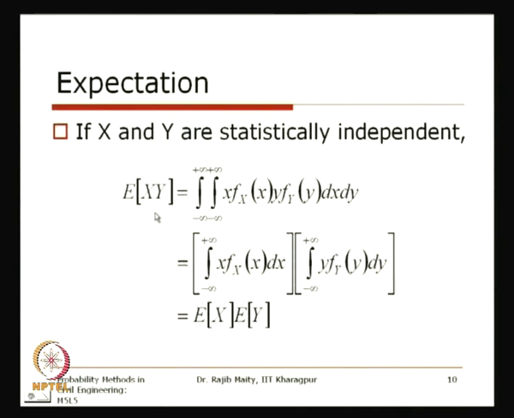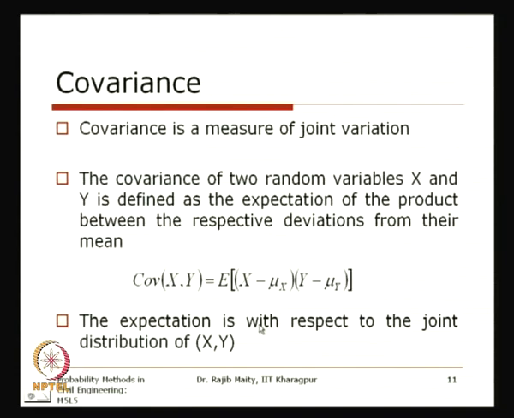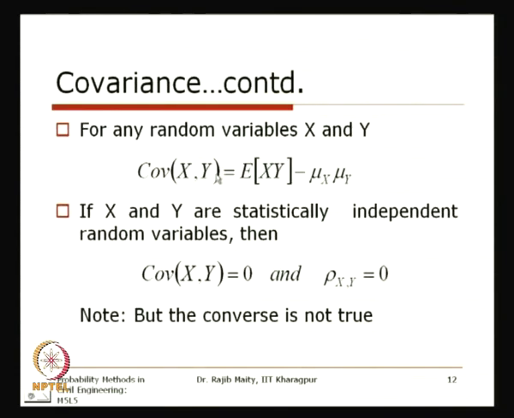So this is now mu x and this is mu y. If we put this in this form, for statistically independent random variables x and y, this becomes 0. That is why the covariance between two random variables is 0 if they are statistically independent.